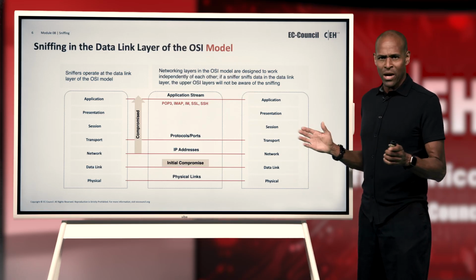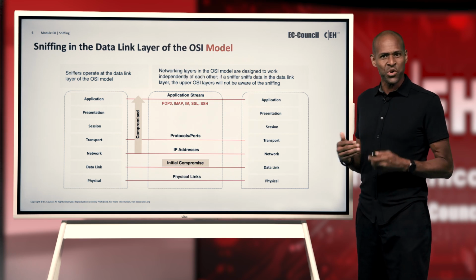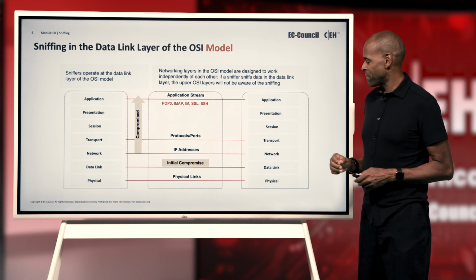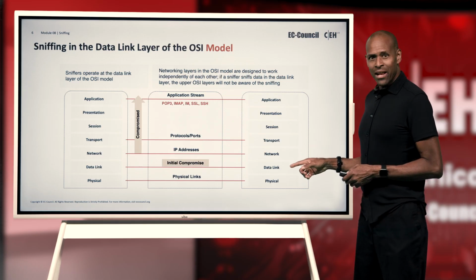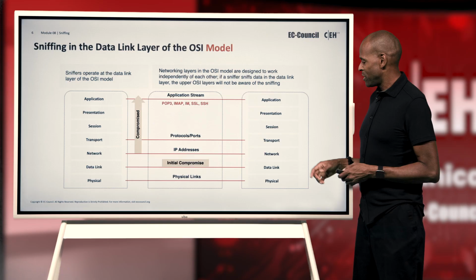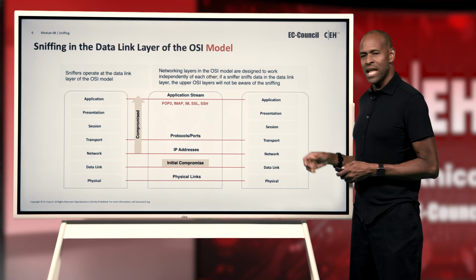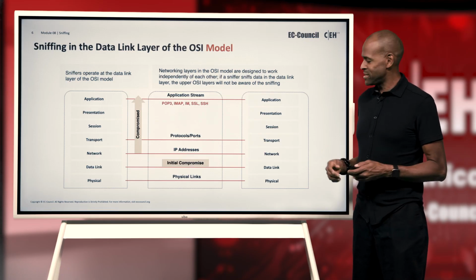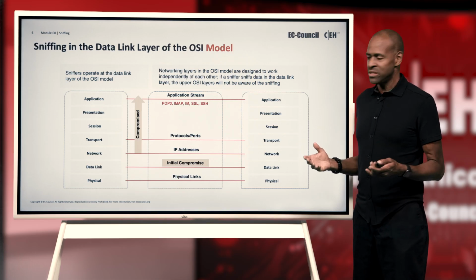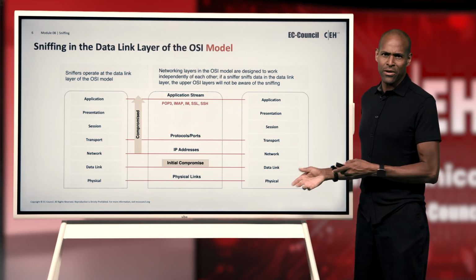Another thing I want to tell you about, and you'll hear my terminology throughout this class reflect this for the most part, is that at the data link layer, we call that bundle of ones and zeros a frame. At the network layer, we call that a packet. And at the transport layer, we call that a segment. Down at the physical layer, it's just bits.